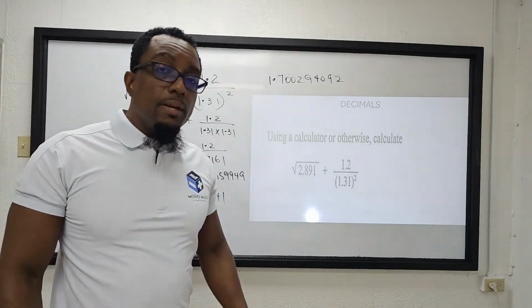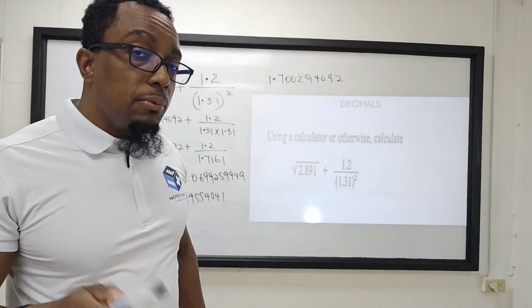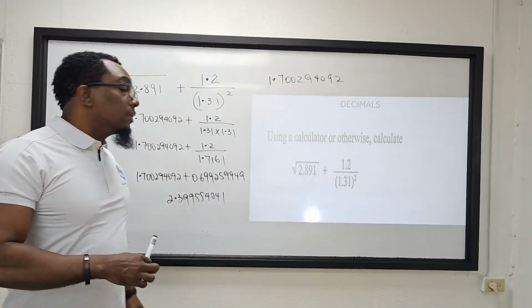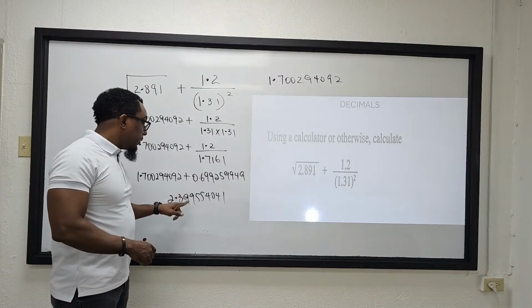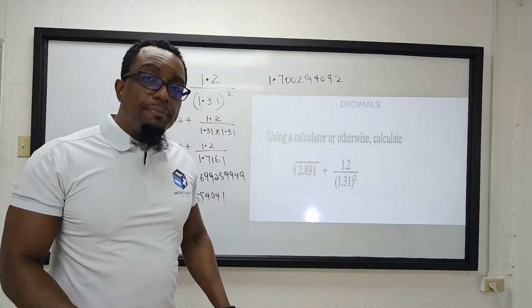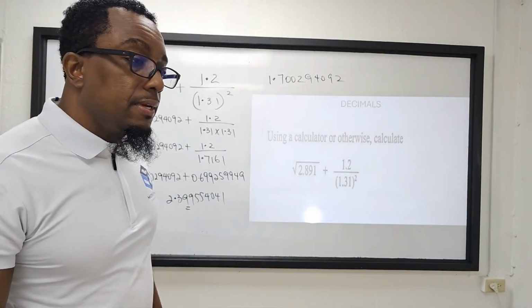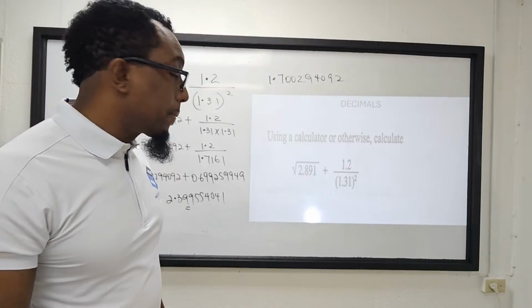You're not moving the point. Students like to move the point, but you're just counting the positions. So it's 3 significant figures. I count 1, 2, 3. That first 9 is my third significant figure.